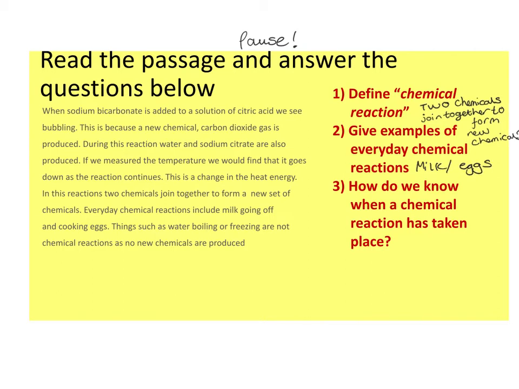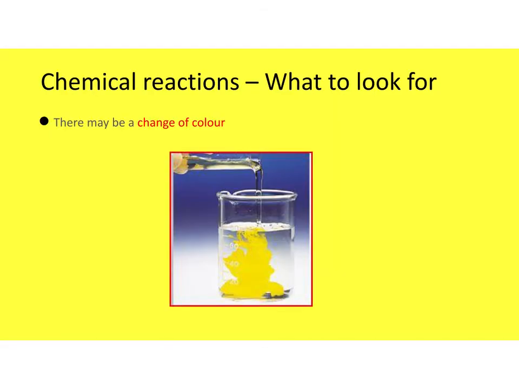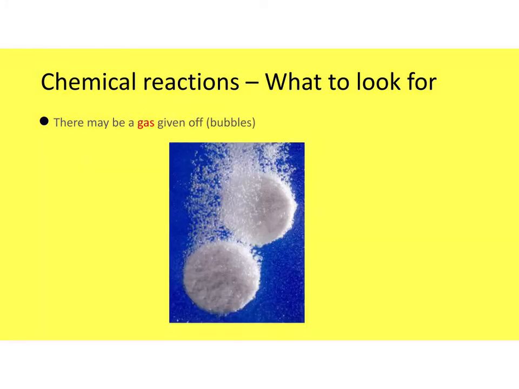How do we know when a chemical reaction has taken place? Okay, a couple of things we might see, like a gas given off. What else might we see? Okay, so just to carry on going through that then, you might see a colour change. This will help you answer your final question. You might see gas given off, bubbles.